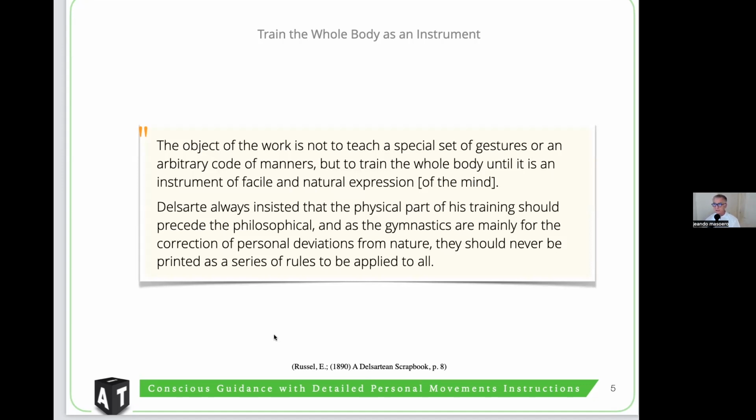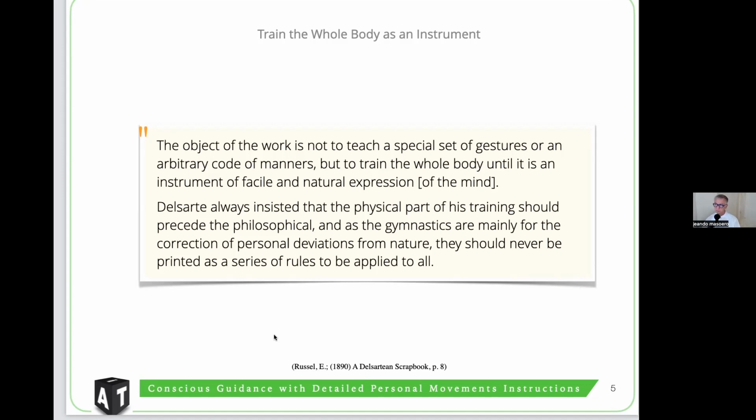Delsarte always insisted that the physical part of his training should precede the philosophical, and as the gymnastics are mainly for the correction of personal deviation from nature, they should never be printed as a series of rules to be applied to all.